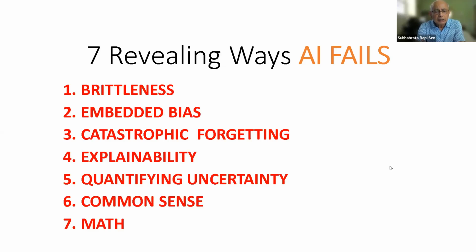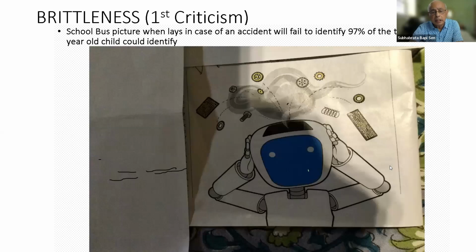In considering AI, the main reason AI fails is that it is based on a concept called neural networks, which have their own drawbacks. Let me go to the first slide, brittleness, the first criticism.